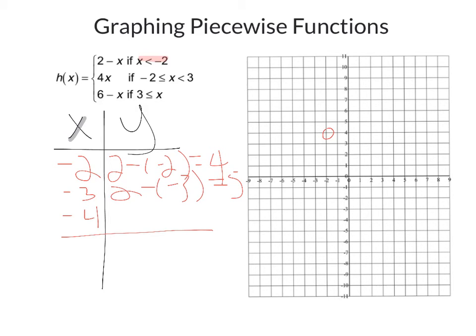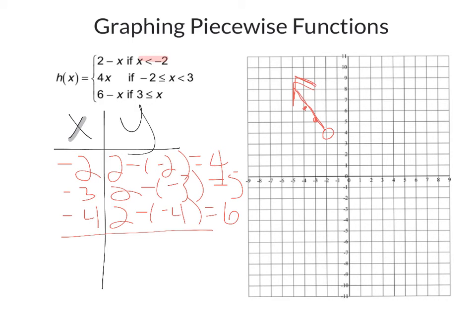So I have the point (-3, 5). And finally, if I plug in -4, I have 2 minus -4, or 6, so I have the point (-4, 6). And I'm going to connect my 3 points and put an arrow on the end of the graph because it will continue going past -4.